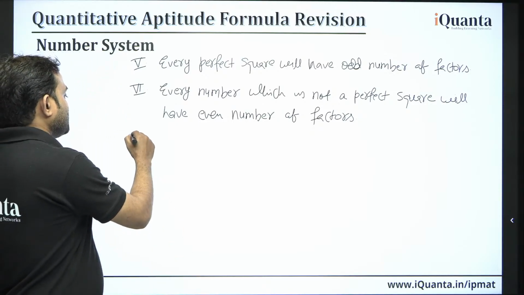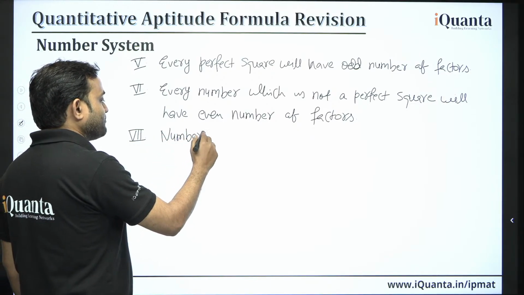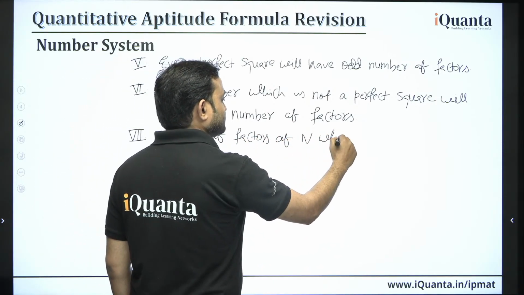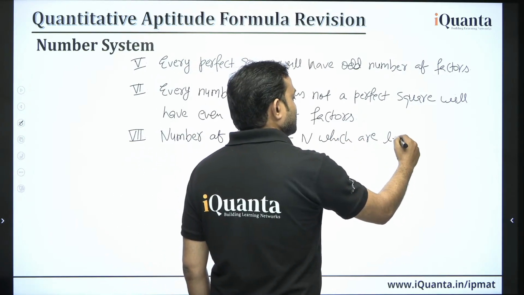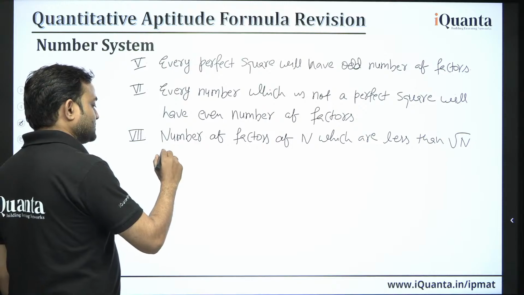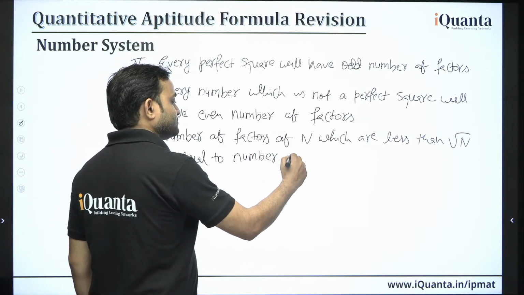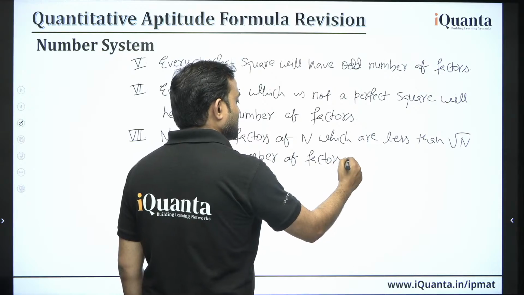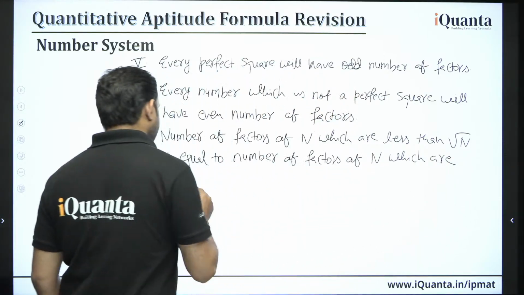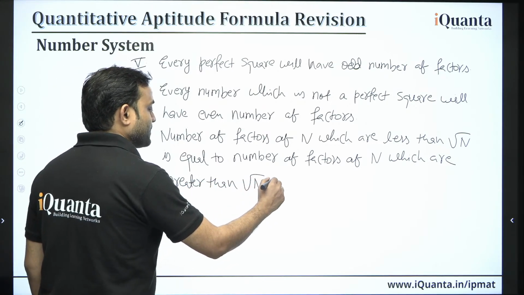Okay. Then comes the seventh point, which is: the number of factors of n which are less than square root of n is equal to the number of factors of n which are greater than square root of n.